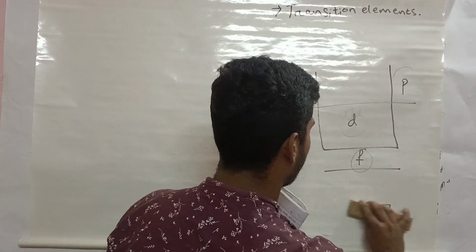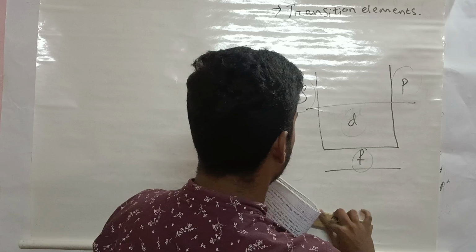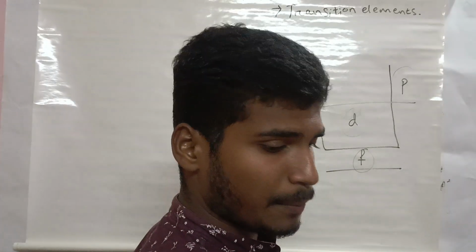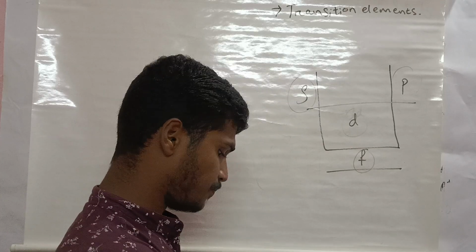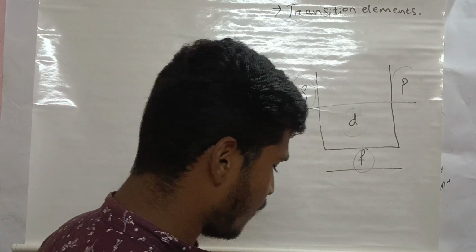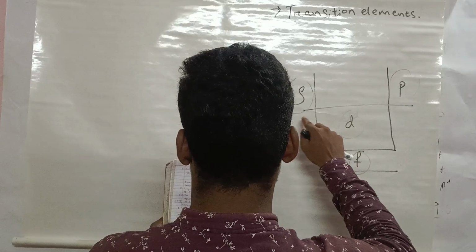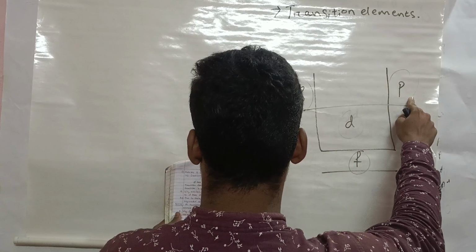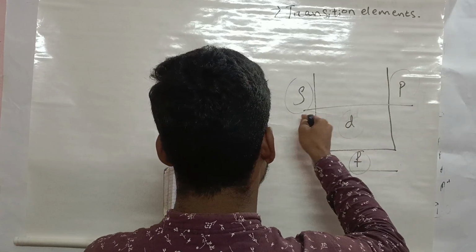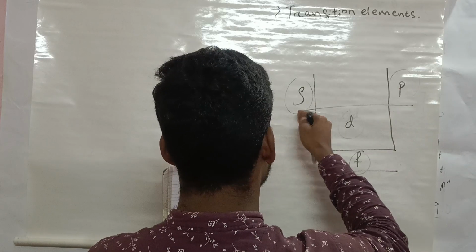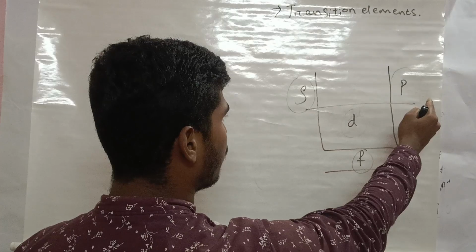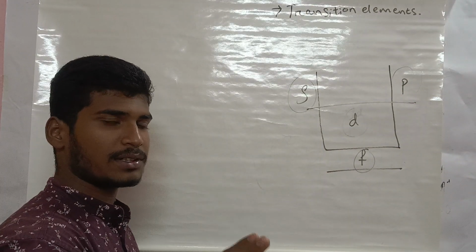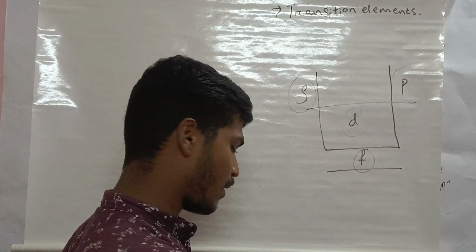If it is possible, open the periodic table and you can understand it. The D block is present in between the S block and P block, and when we move from S block to P block, the D block is situated in the middle part.